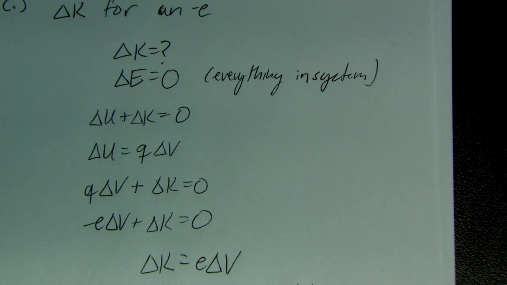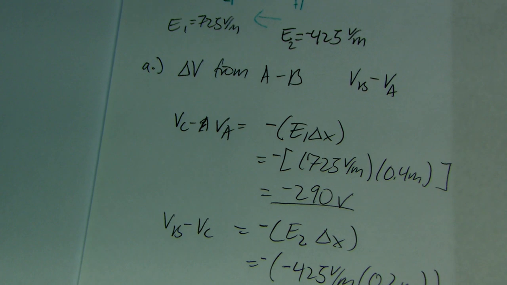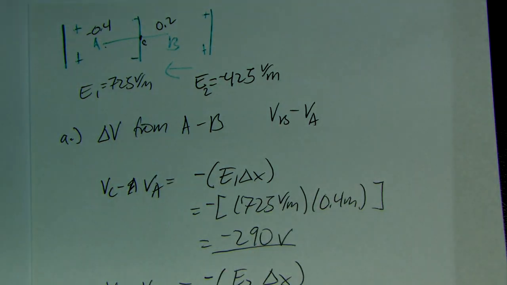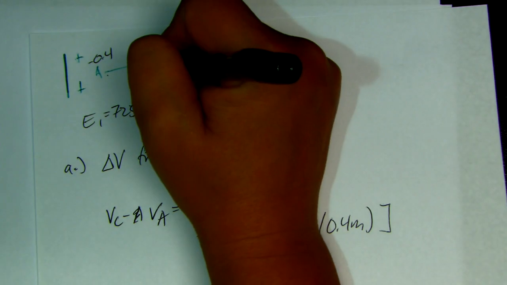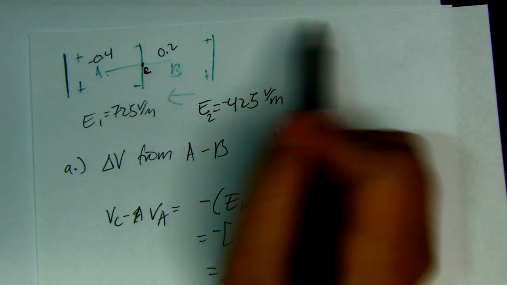All right. So for part D, this is where we need to be a little bit clever. Part D is we want to know the amount of kinetic energy that would be required to get the electron from A to B. So what you need to recognize here is once it gets to position C, then you're going to have that electric force pulling it forward.